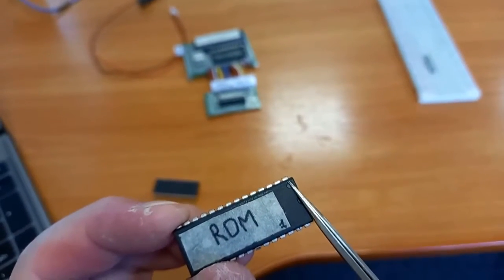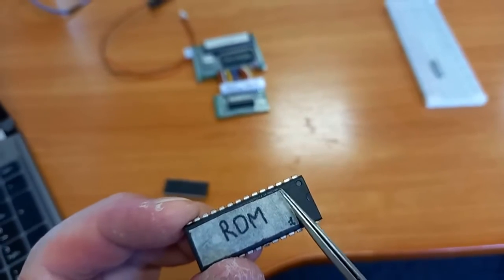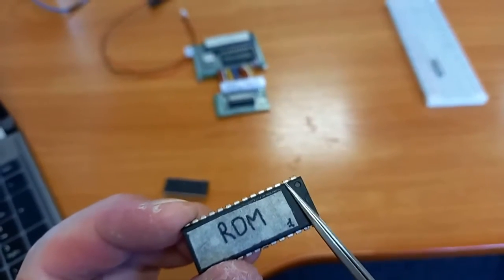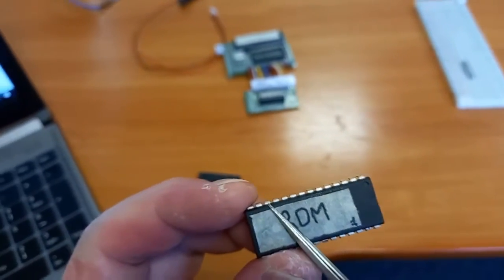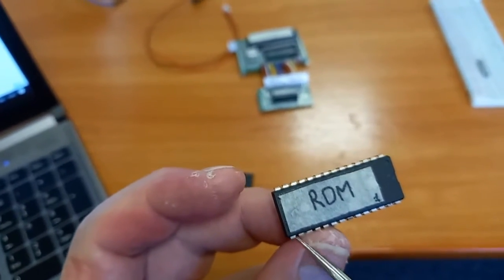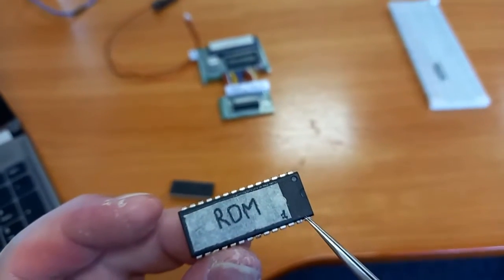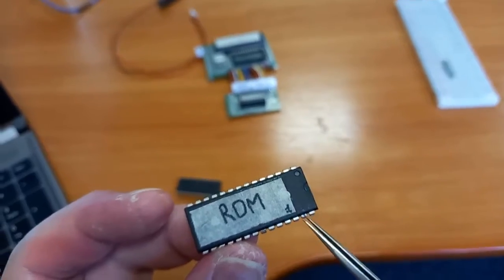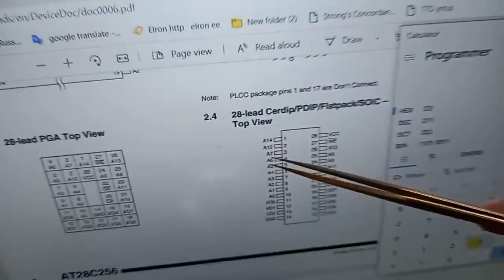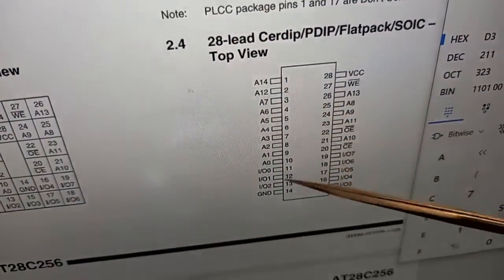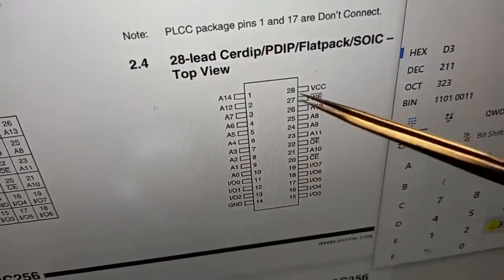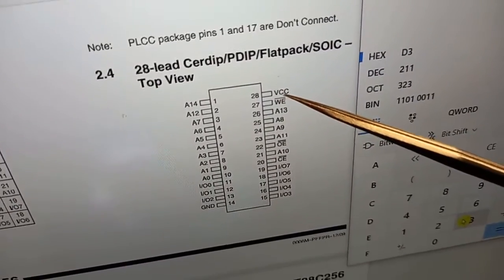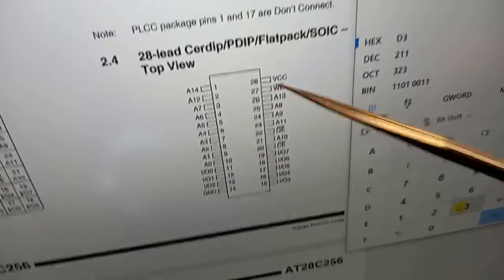We start from here, reading leg number 1, leg number 2, ... 14, 15, 16, and till the 28. This is 28 altogether, 1, 2, 3, 4, and so on, 28. And leg 28 we connect to positive.